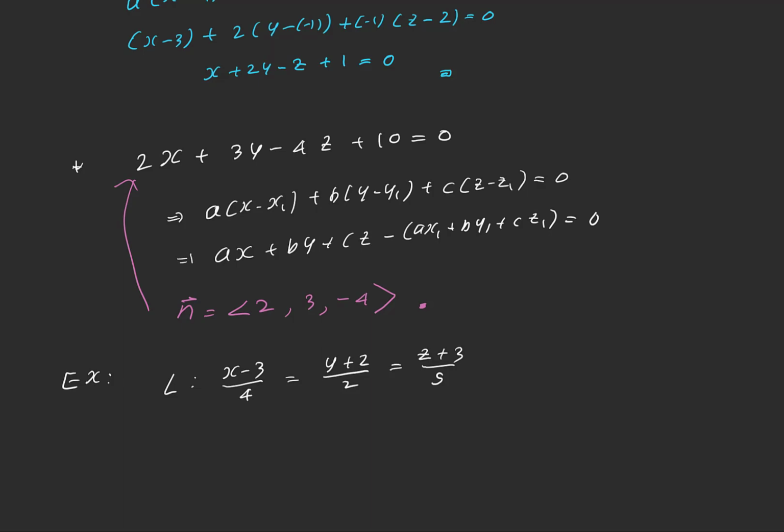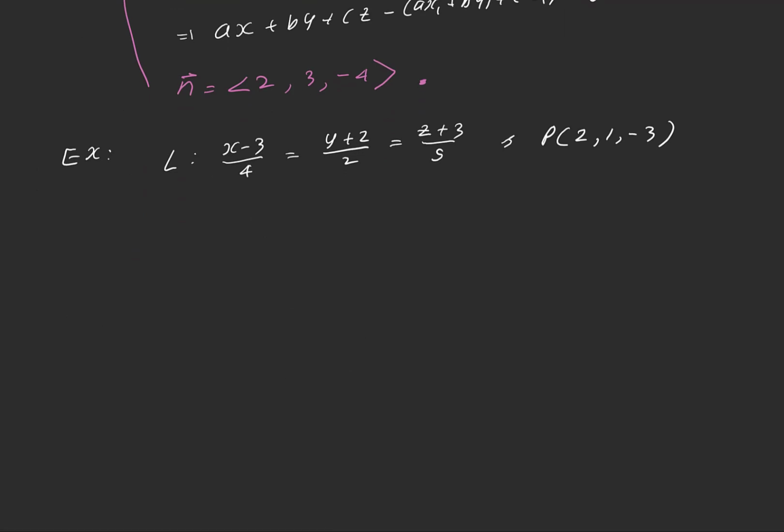Now the problem is explained this way. Suppose a plane contains this line and has a point P (2, 1, negative 3). Then how do we find the equation of the plane? Let me get this information.